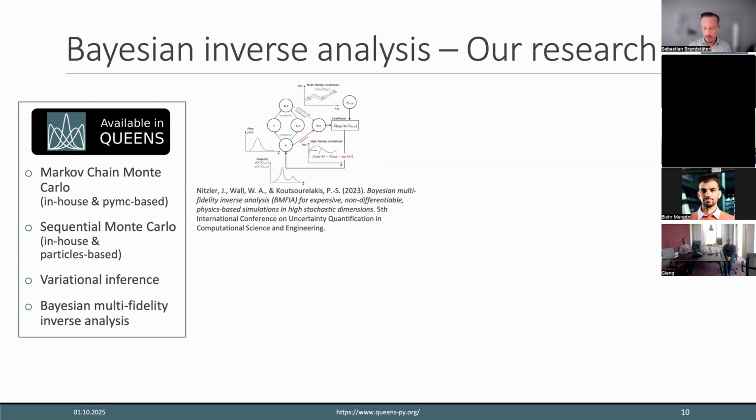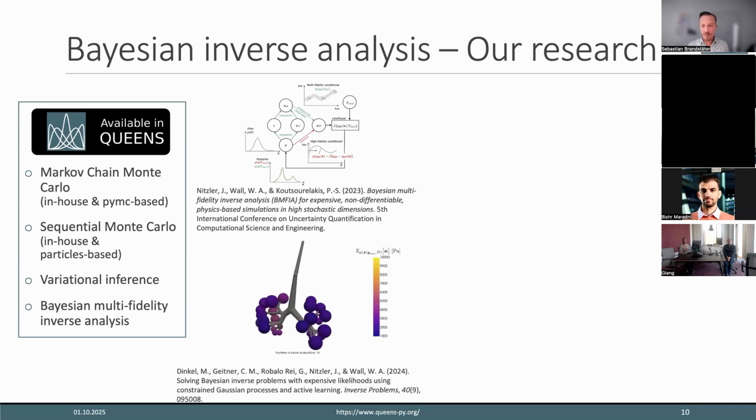High stochastic dimensions here usually means a random field. So we want to identify a random field from measurements, which is a very challenging problem. Where does this, for example, also occur? Again, an example from Maximilian Dinkel, where they solve this Bayesian inverse problem with constrained Gaussian processes as a surrogate model, and including again an active learning approach just to get down the number.